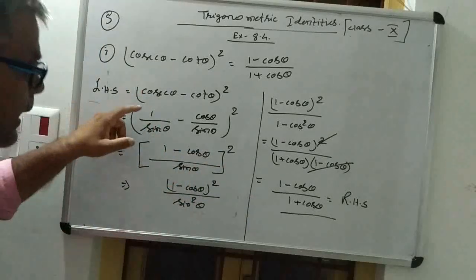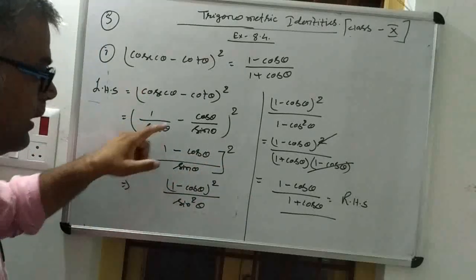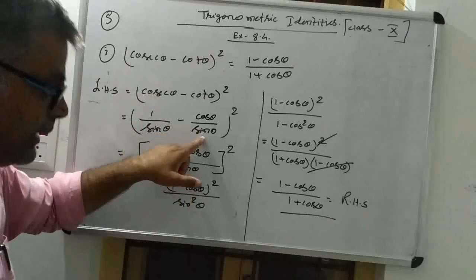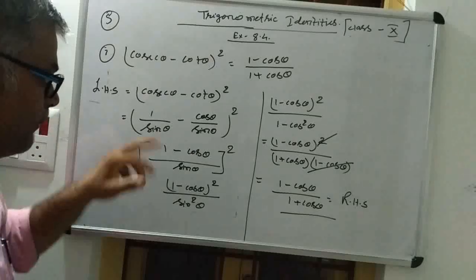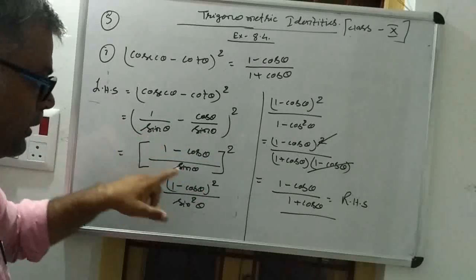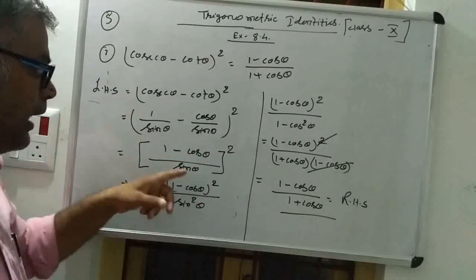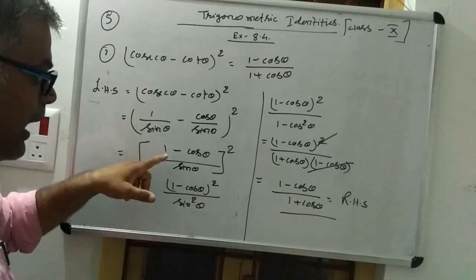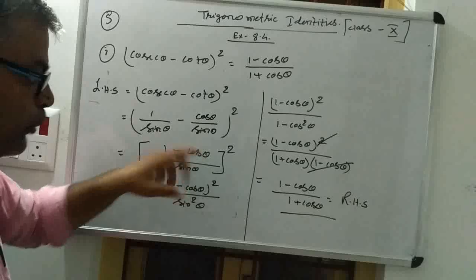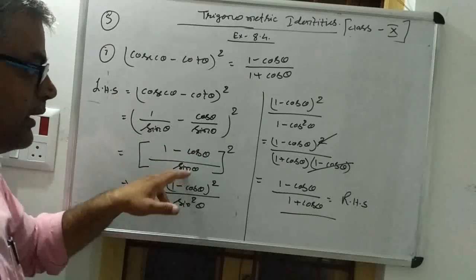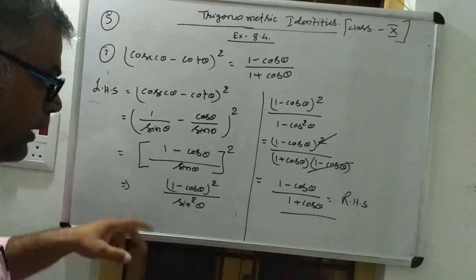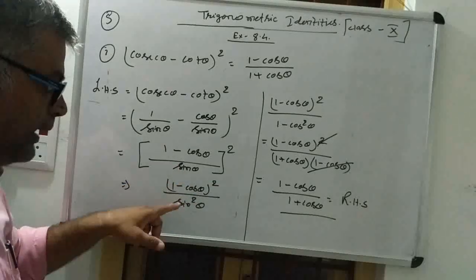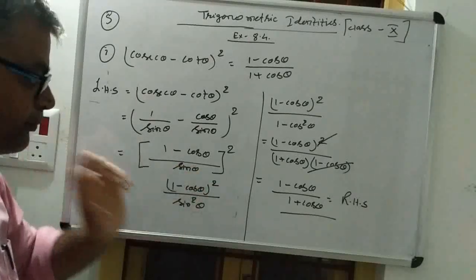So cosec theta can be written as 1 by sin theta, minus cot theta written as cos theta by sin theta, whole square. Now taking LCM, it becomes sin theta, and after subtraction you have 1 minus cos theta in the numerator and sin theta in the denominator, whole square. So 1 minus cos theta whole square by sin square theta.